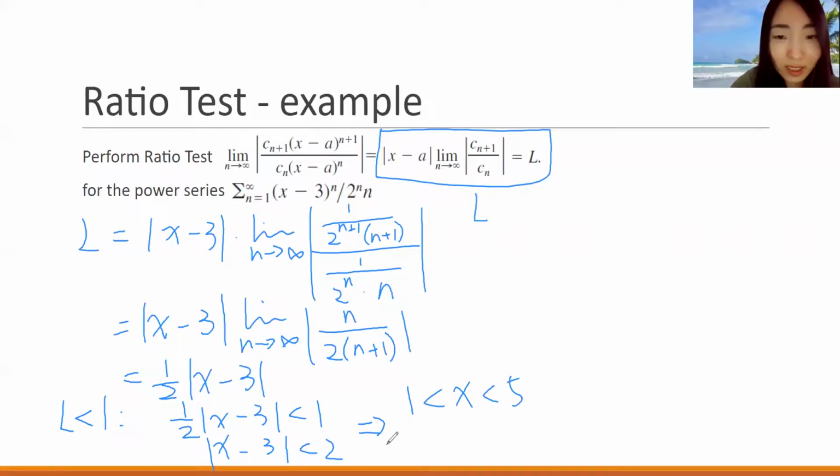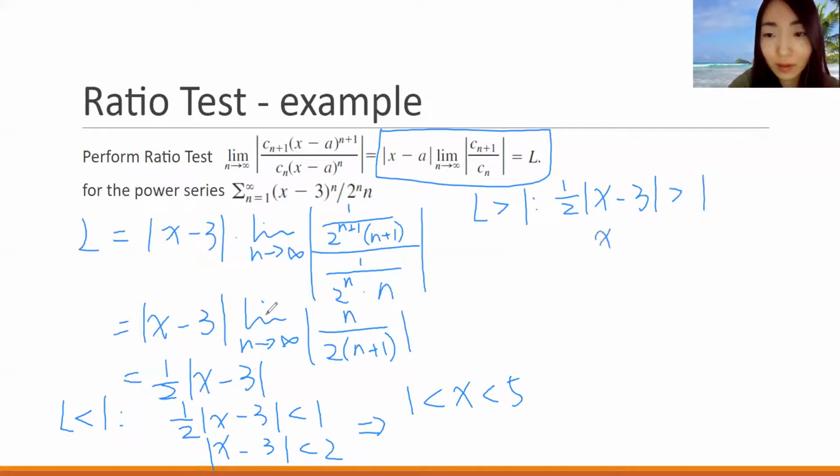So in the second case, we will have L greater than 1. This means that the next term is bigger than the current term. And if we have this case, the power series would diverge. So this means our L value is greater than 1, so x minus 3 is greater than 2.